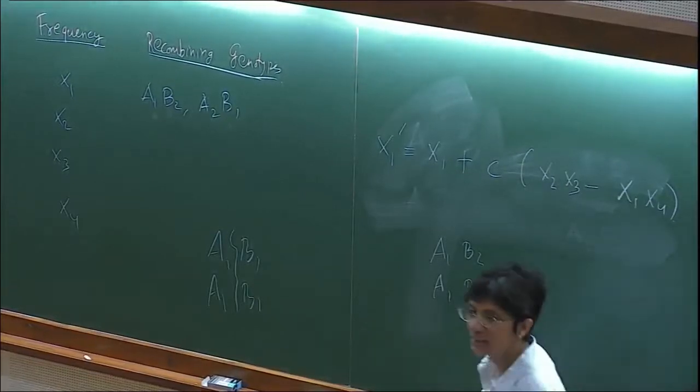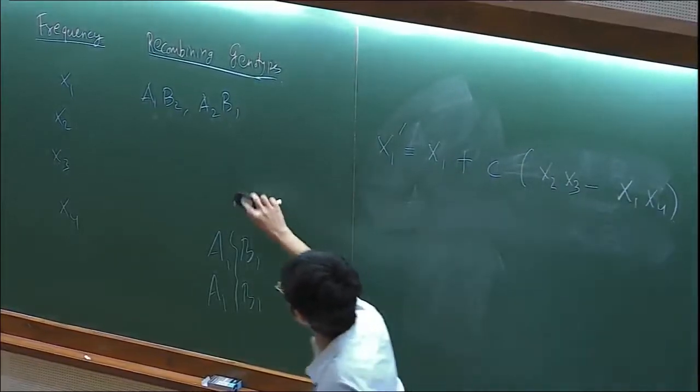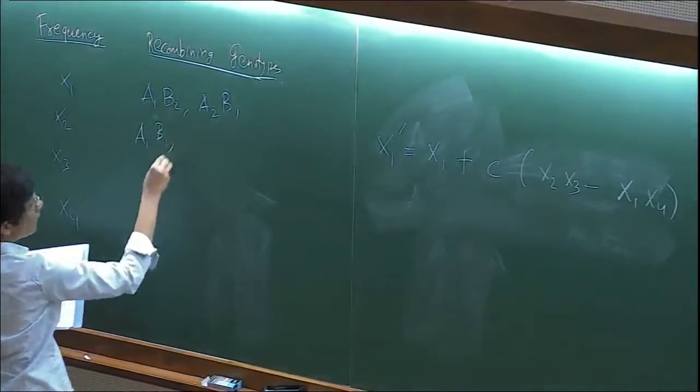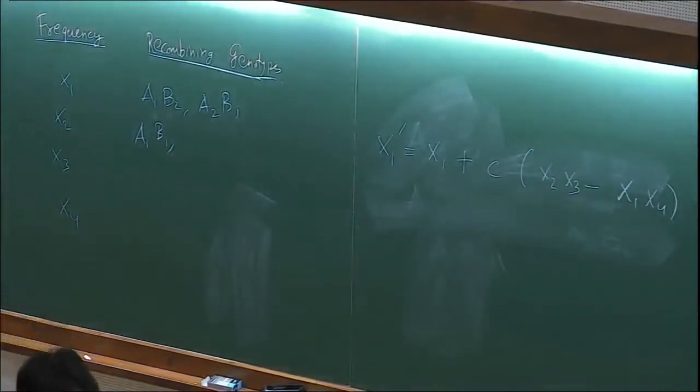Okay, so let's fill up this table a bit. There's no mutation, no selection, nothing, just recombination. This is the gain.